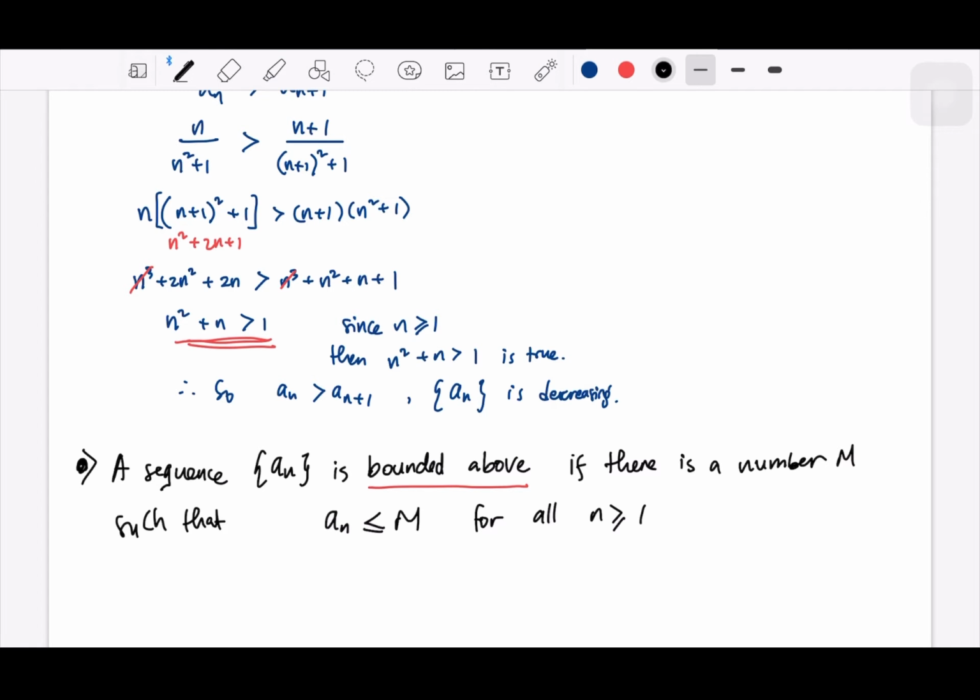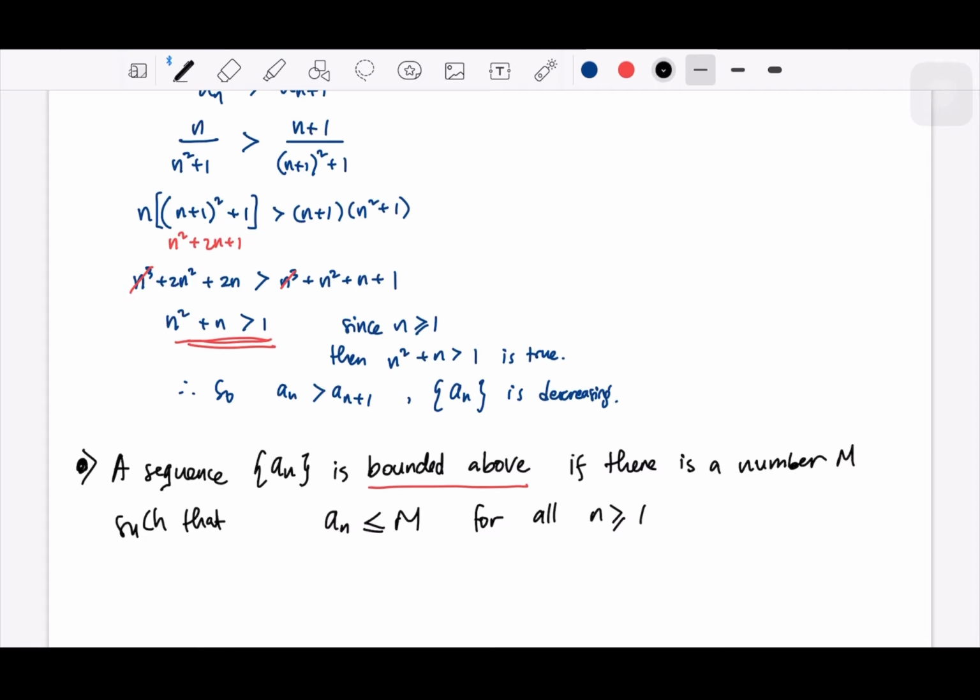So if we take increasing n, it will maybe reach some value of that m, and it will always stay like that, which means that it converges. We can say it converges to that value, right?